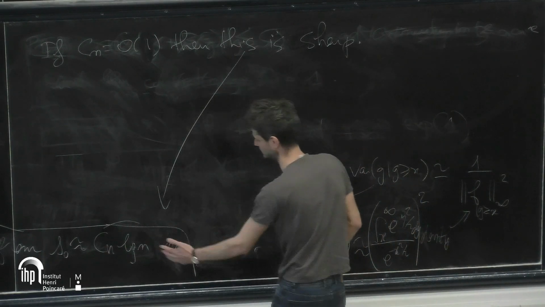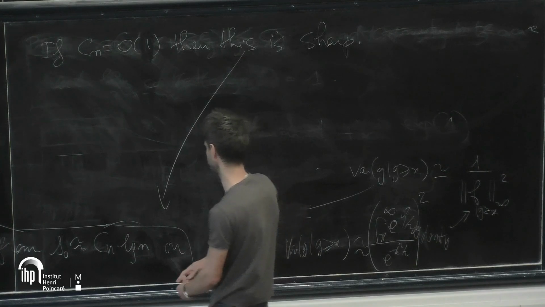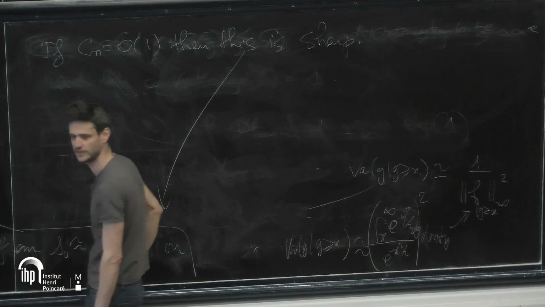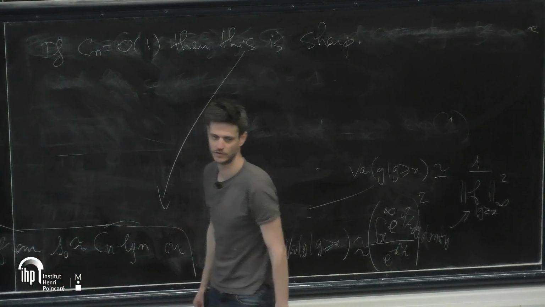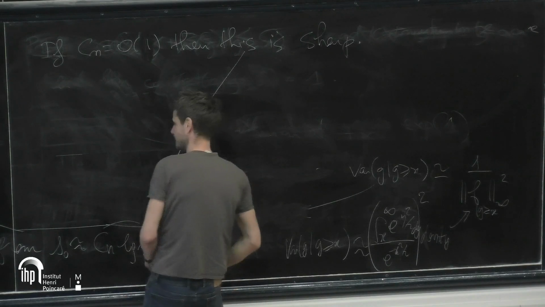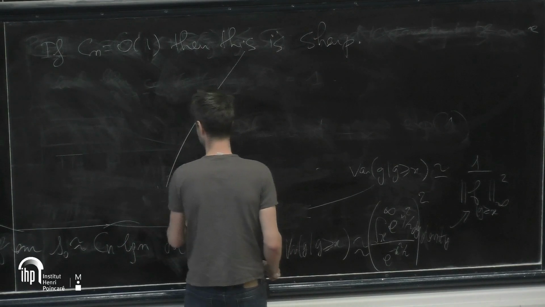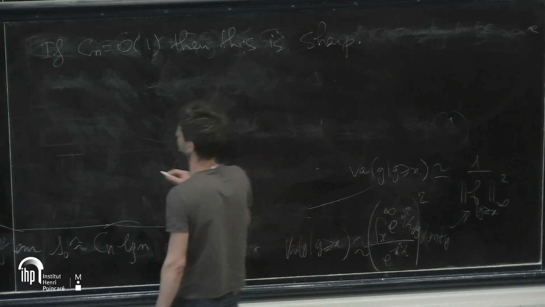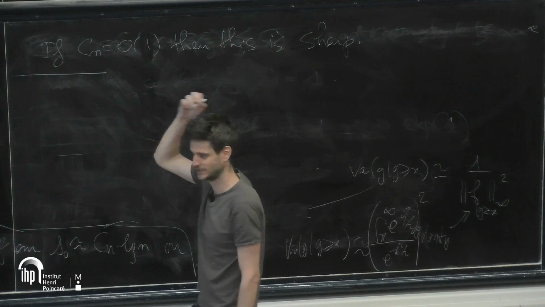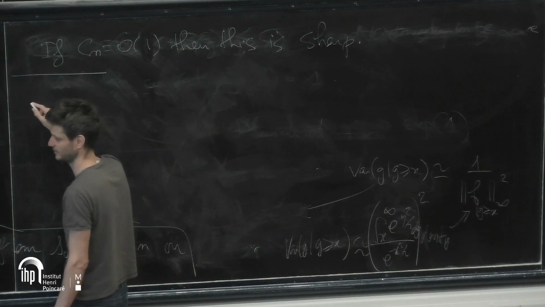So somehow it seems likely that C_n is order 1, and that this analysis that we did here is like the best you could do. Sounds reasonable to me, I guess. But okay. More questions? No. Okay.